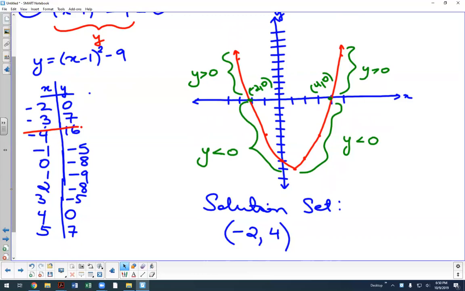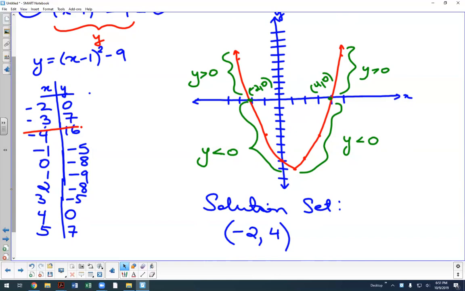If you take anything that goes between -4 and 0, put it in the x, you should get a negative answer for the y. And think about it, between -2 and 4 would be -1. When I put -1 in my function, I got a negative answer for my y. When I put 0, which is also between these numbers, I got a negative. 1, 2, 3. Look at all of them. They all gave me negative y values. You said -4 and 0.